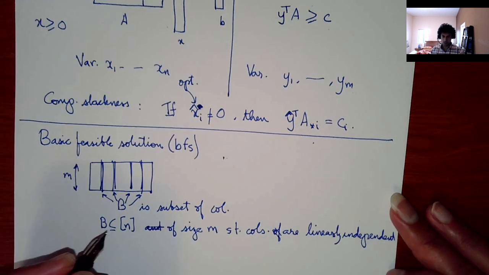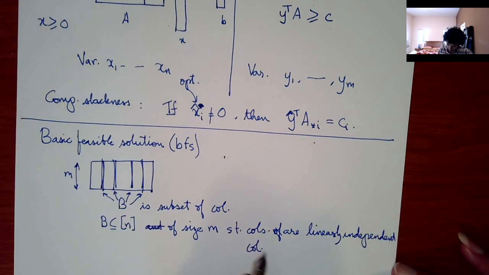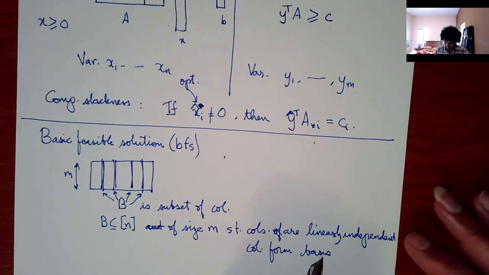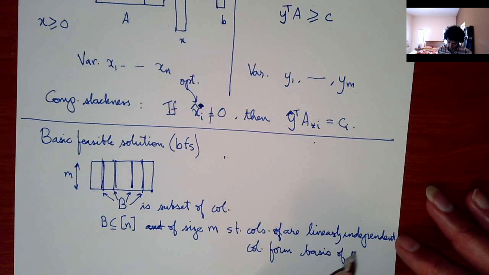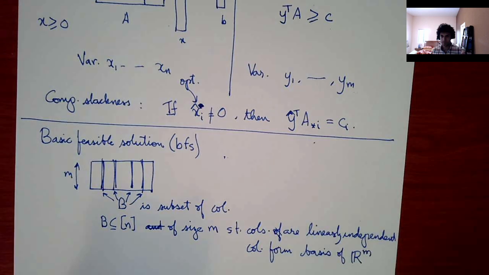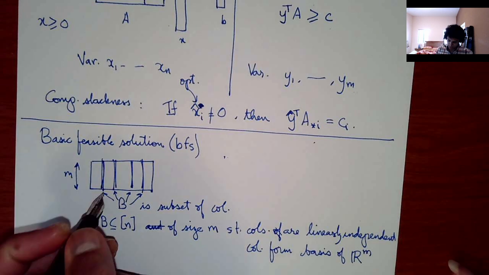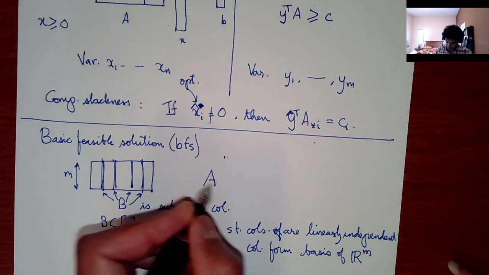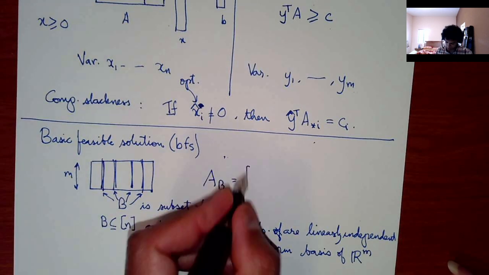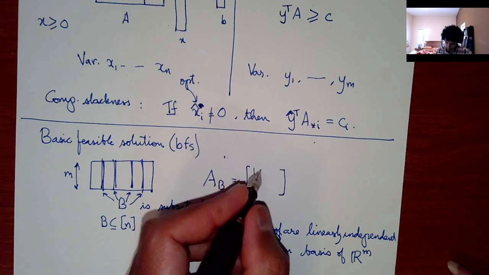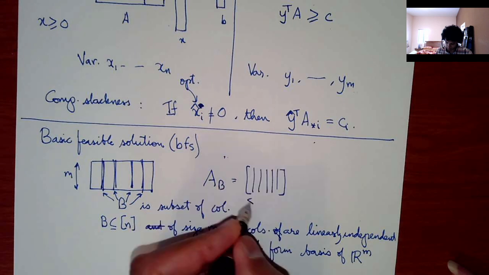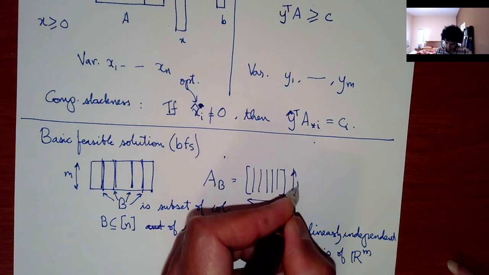In other words, the columns form a basis of R to the m. So given this, we will say that A sub B is the square submatrix of these columns.